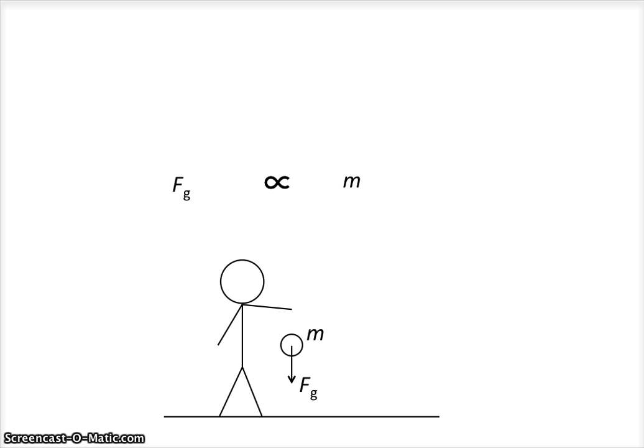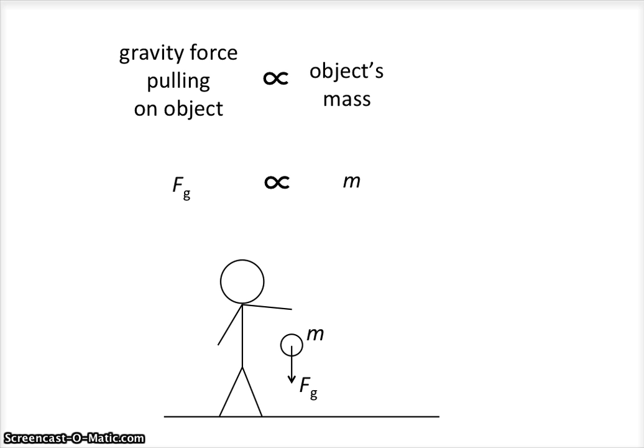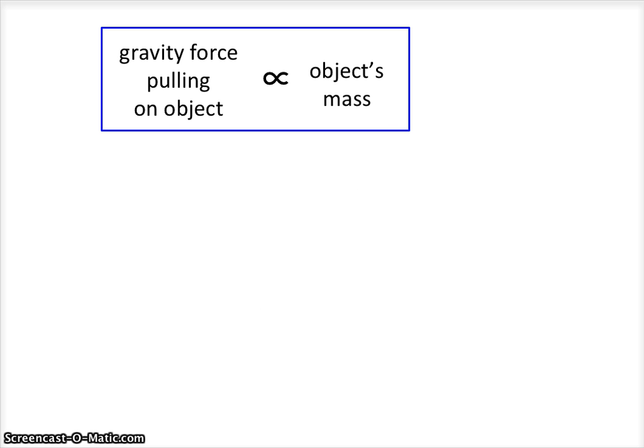This is a really important proportionality. It says that the gravity force pulling on an object is proportional to the object's mass. The gravity force here pulling on the apple is proportional to the apple's mass. And if this were a watermelon, the gravity force pulling on the watermelon would be proportional to the watermelon's mass. We're going to use this later, so we're going to put a blue box around it, and remember, the blue box means we've seen that before.